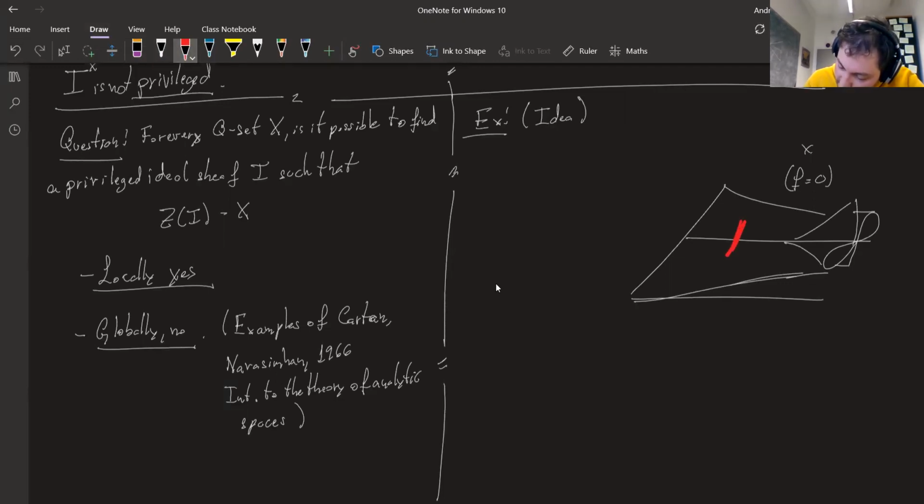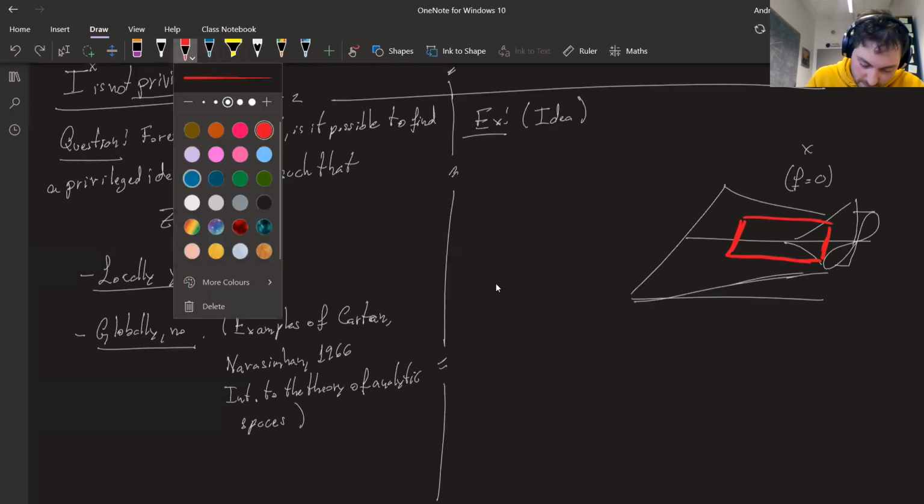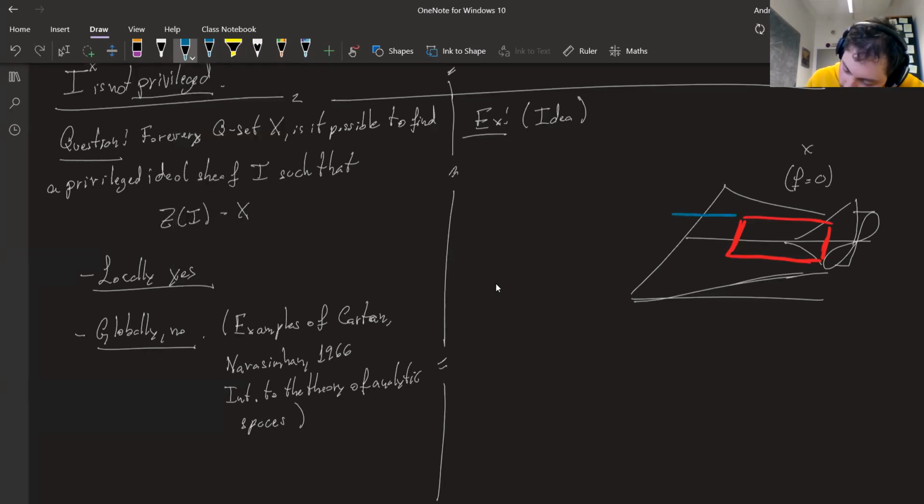So I'm going to take some open set sufficiently small in R^D, and we're going to glue it with another one, some open set U1 with another set U2.